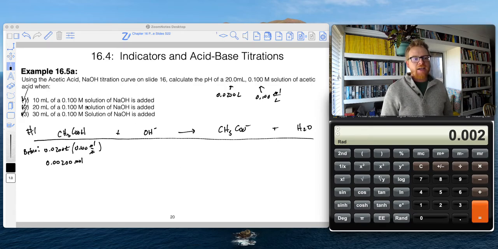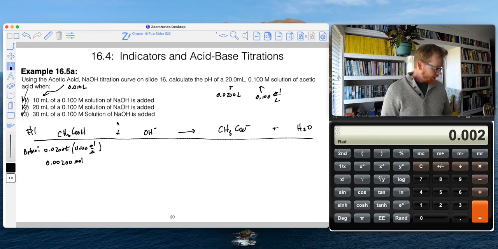So for my hydroxide, I'm adding 10 milliliters of a 0.1 molar solution. Remember that 10 milliliters is the same as 0.010 liters. We'll make all of these 10.0, 20.0, and 30.0. Sorry about the sloppy mess there.